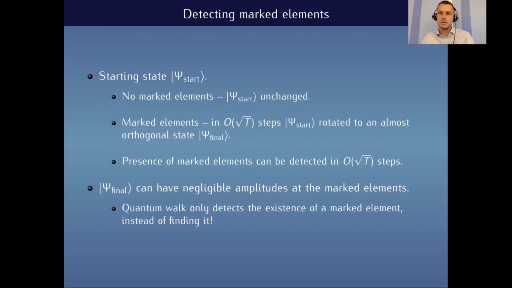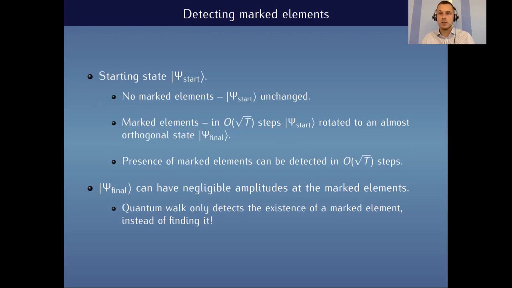But why do we not find any of the marked elements? A tempting idea would be to measure the state in the vertex basis and hope that the measurement would yield a marked vertex. But this intuition is false, because it is very well possible that this final state has a very tiny overlap with the marked states.